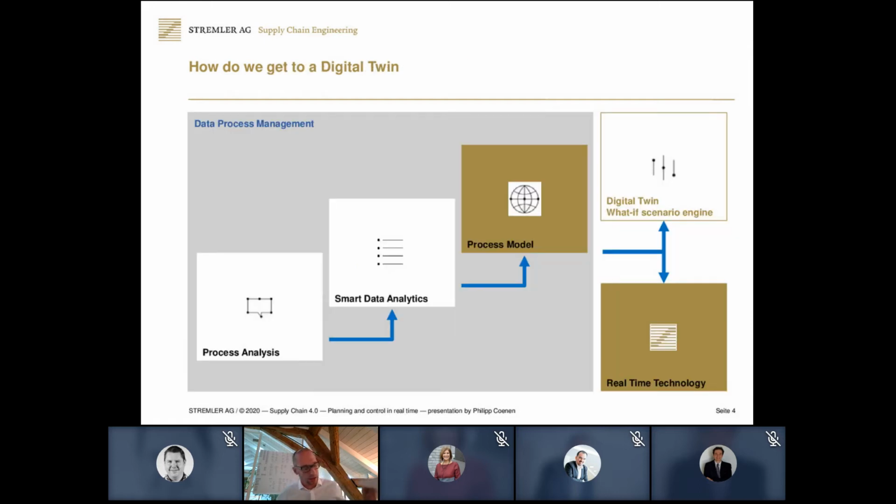This view is then realized when we talk about the digital twin. To get to that digital twin, we need another essential element that I haven't talked about yet, but that is the crucial point, and that is the process model. The process model is the framework which defines what data you actually need.